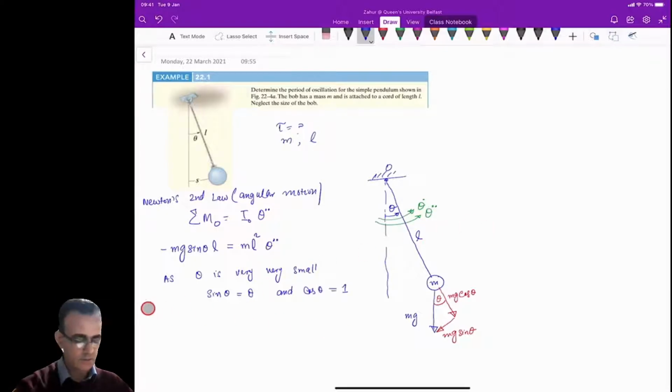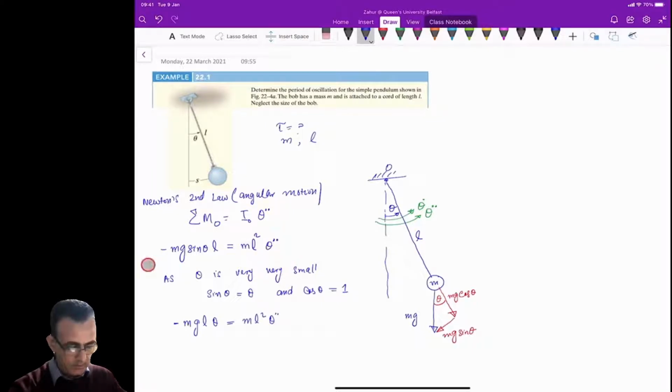This is a common assumption in mathematics, that when theta is very, very small, you can take sine theta equal to theta and cos theta equal to 1. So because this angle is very small, we will take sine theta equal to theta. So this will become minus mg L theta equals m L square theta double dot. We are just replacing sine theta with theta. Okay, so then we can also cancel this L with this L here.